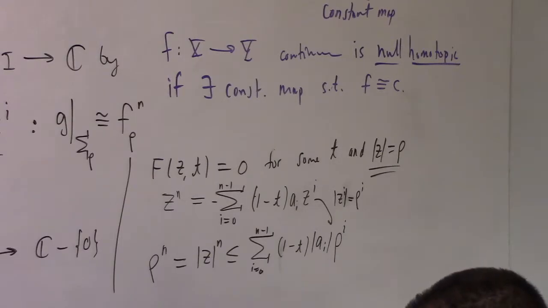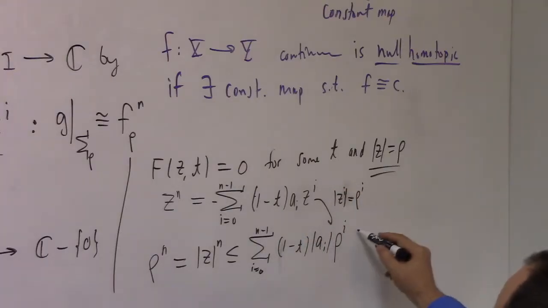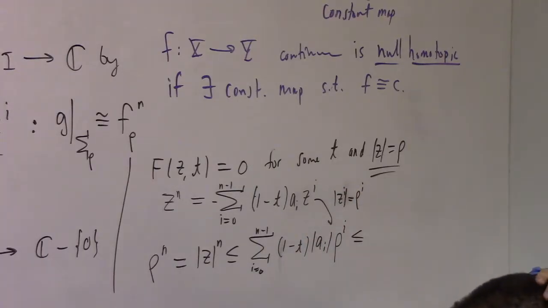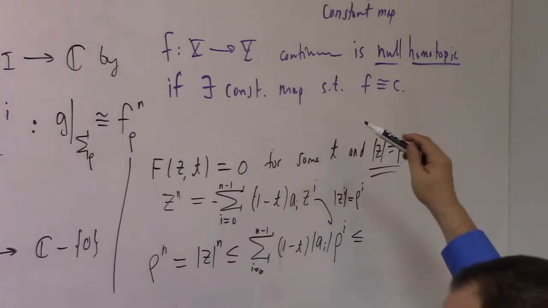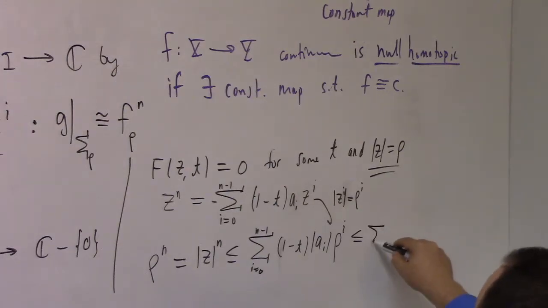And then he says this is less than or equal to what? So now he's just saying that 1 minus t is less than or equal to 1. Drop the t because it's positive.